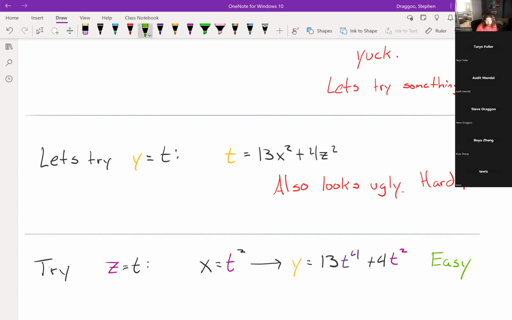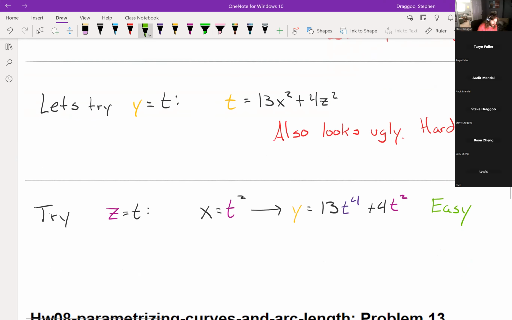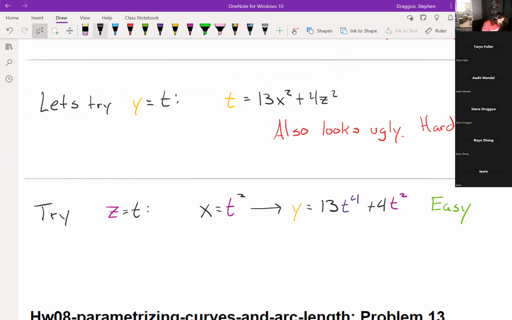So that third substitution, z being equal to t, ended up being pretty easy, whereas the other two looked very much not easy. So in the end, the best looking parameterization that we found easily looks like this. x is t squared, y is 13t to the fourth plus 4t squared, and z is t.